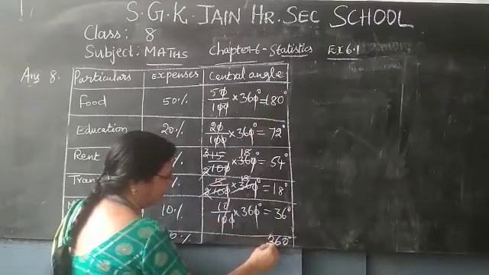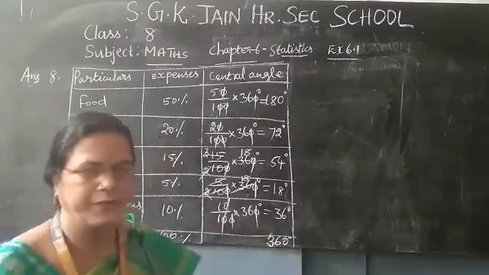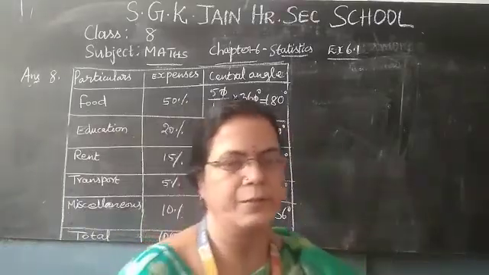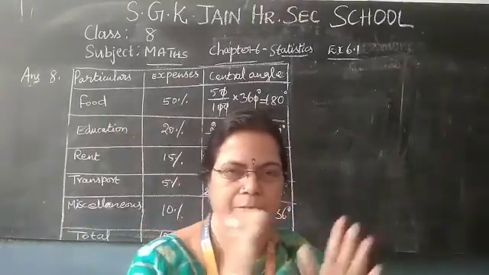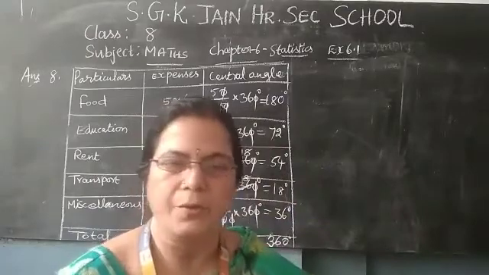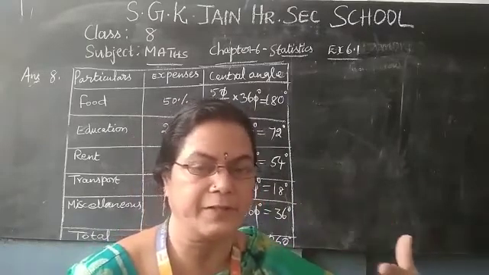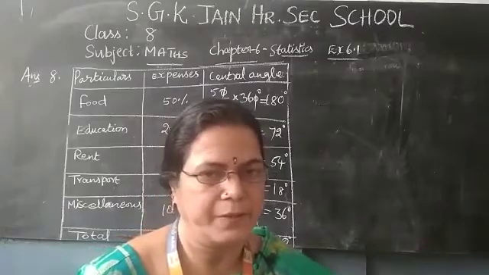So how much are you getting? 360 degrees. If you are getting the total value of 360 degrees, then your answer is correct. What you made in the table is correct. Okay, now shall we prepare a pie chart for that? Such an interesting one. Okay.